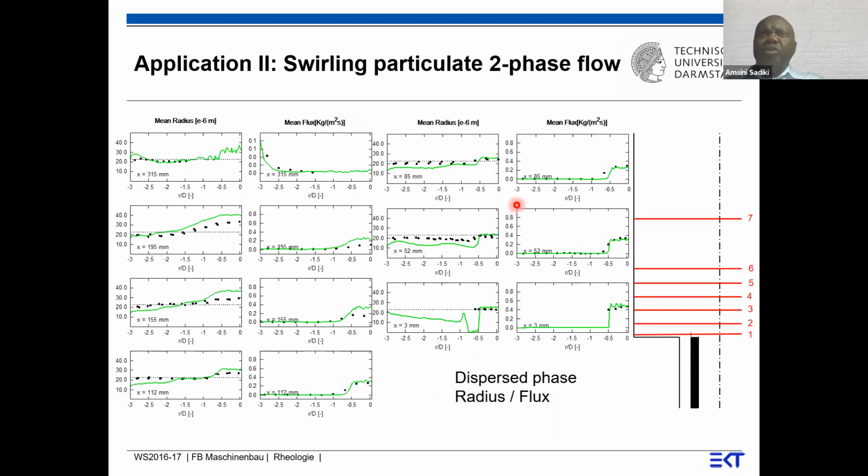And for the dispersed phase, we have also the same. We have the distribution of the radius, and we have the flux with the distribution also of the radius here. And here we have the flux.